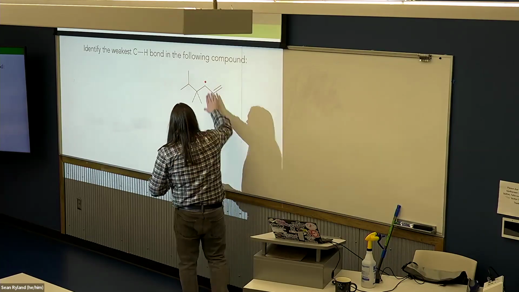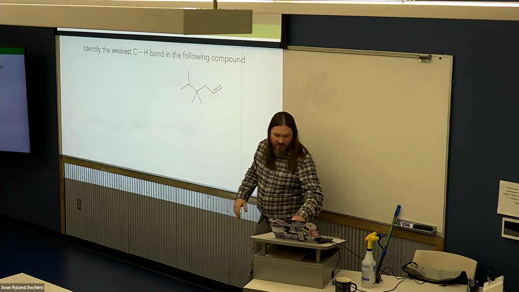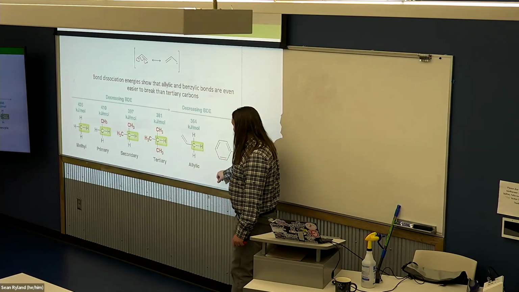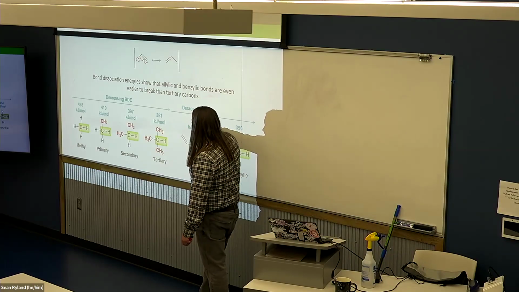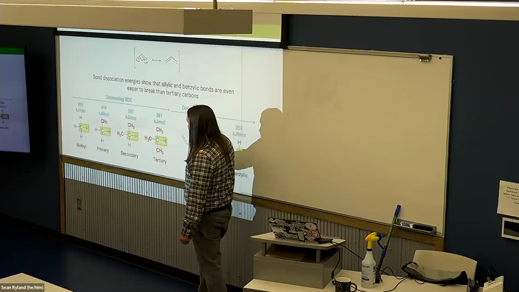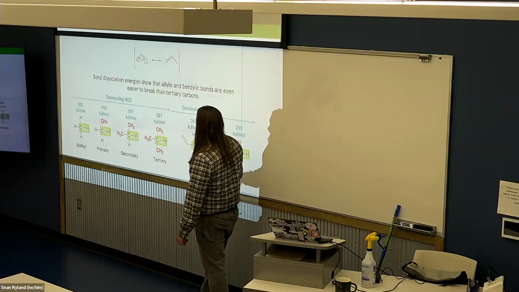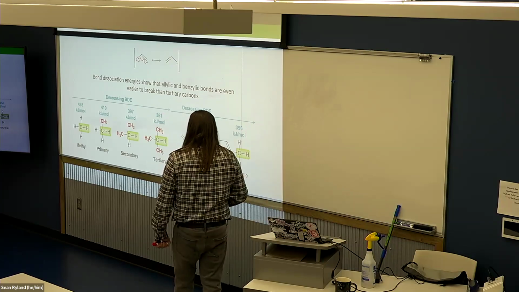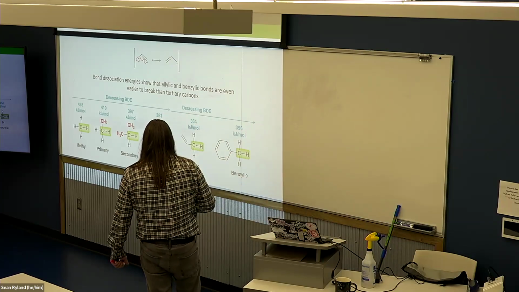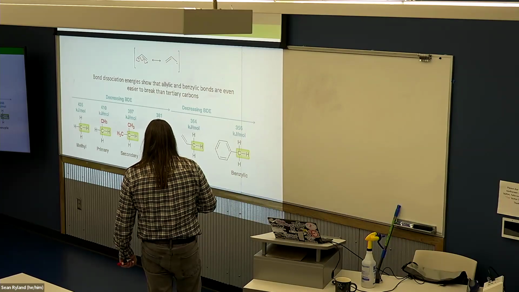But it's a secondary with resonance, which is its own category now. For free radicals in particular, adjacent to a pi bond, which we call allylic, is even easier to break apart than a tertiary. By kind of a lot.